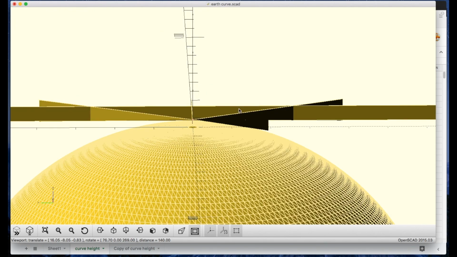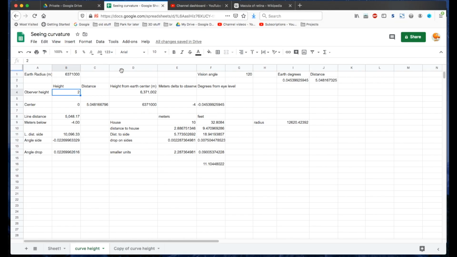That brings me to the third point, which is what was the point of the previous video. The main point was to show all of these calculations so that you could visualize something by measuring a drop on the side of your house.